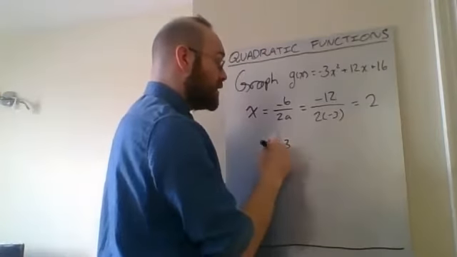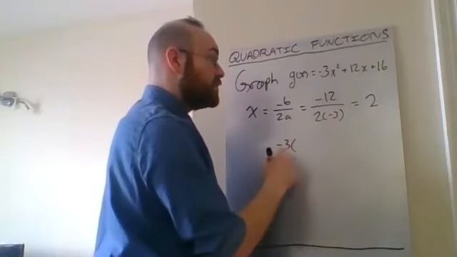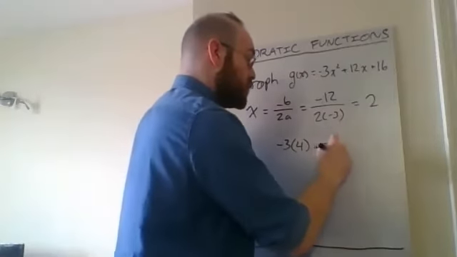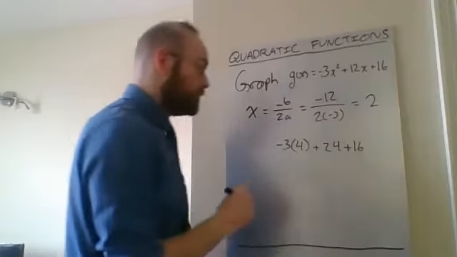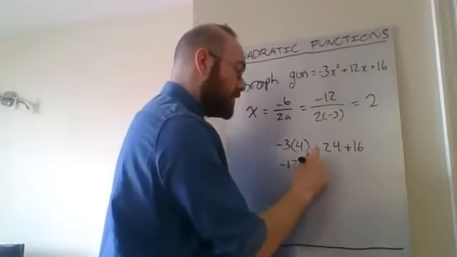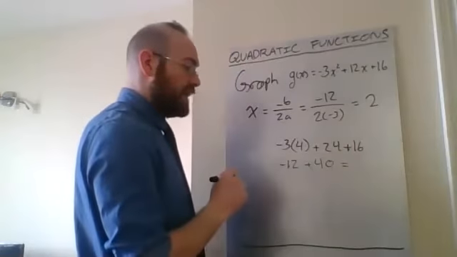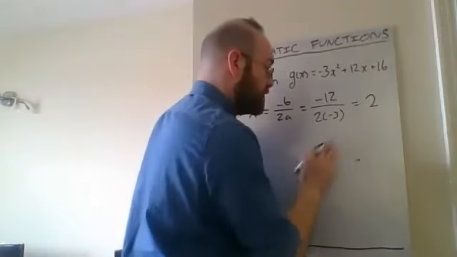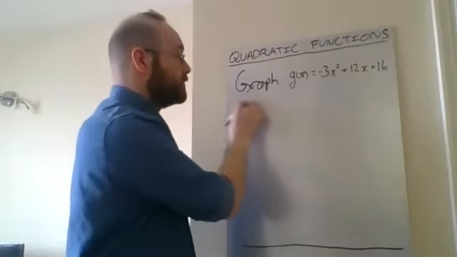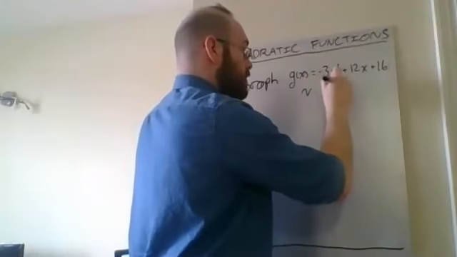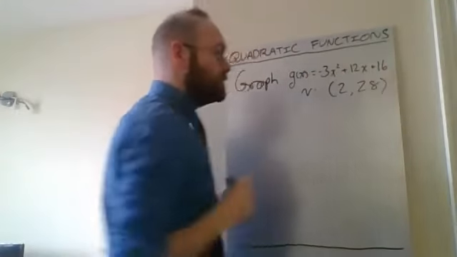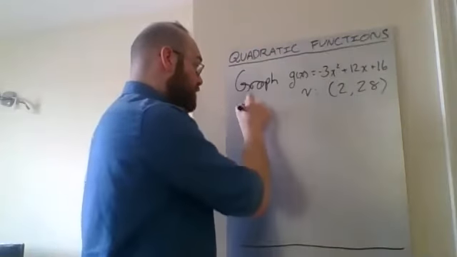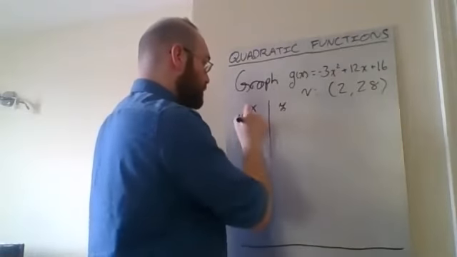I should have negative 3, but I wrote down positive 3. So negative 3 times 2 squared is negative 12. 2 times 12 is 24 plus 16. So this is negative 12 plus 40. And that should give us 28. All right, so our vertex is the point 2, 28.